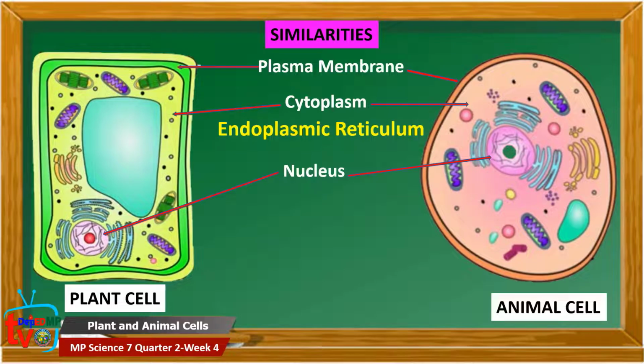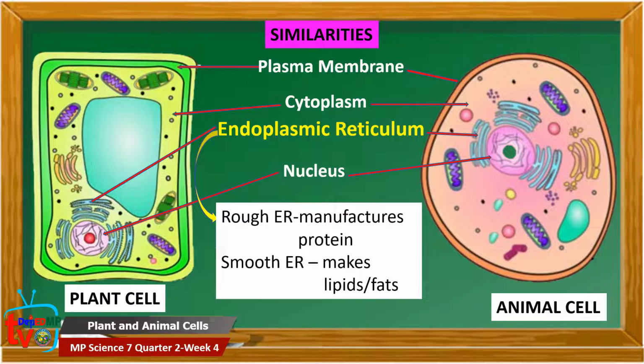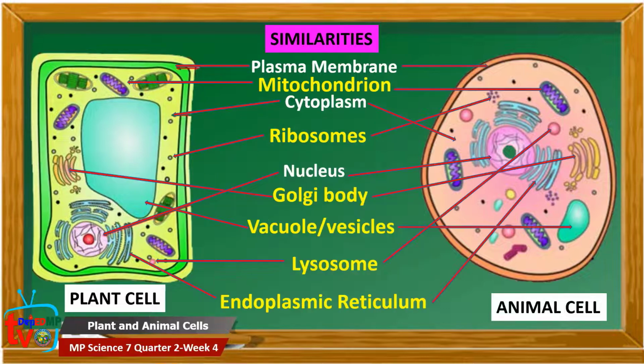Endoplasmic reticulum. We have the rough ER and smooth ER. Rough endoplasmic reticulum manufactures proteins, while smooth endoplasmic reticulum makes lipids or fats. So these are the organelles present in both plant and animal cells.